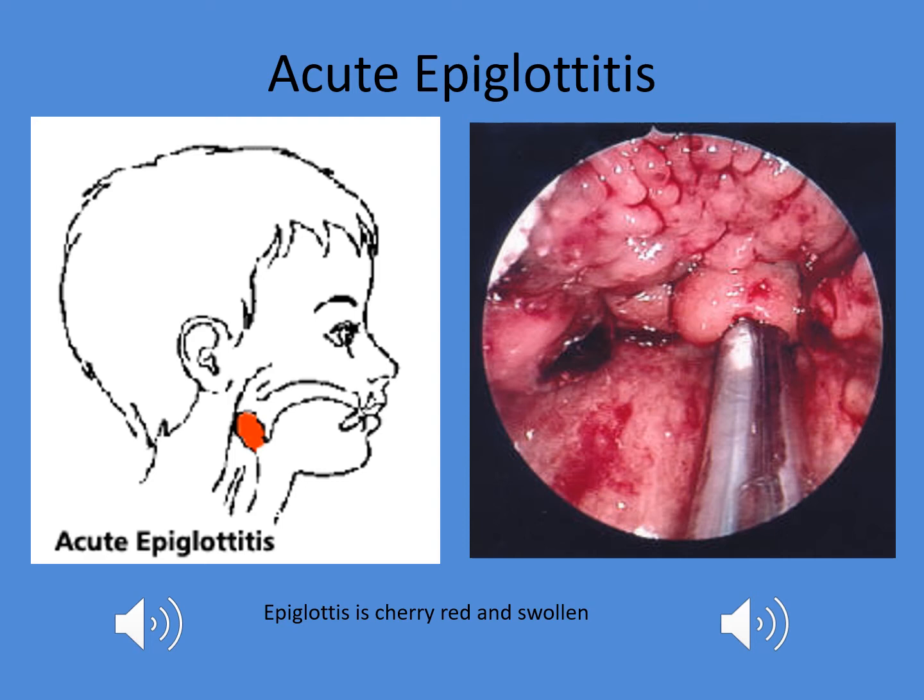So you never, ever, ever, if a kid comes into a doctor's office or the ER, if you're working there, you never want to attempt to visualize the epiglottis directly with a tongue blade or obtain a throat culture in this case. So you're looking for all those other signs and symptoms, and if you're suspecting potentially acute epiglottitis, never attempt to visualize the epiglottis or get a throat culture because you're worried that you could ultimately occlude their airway.